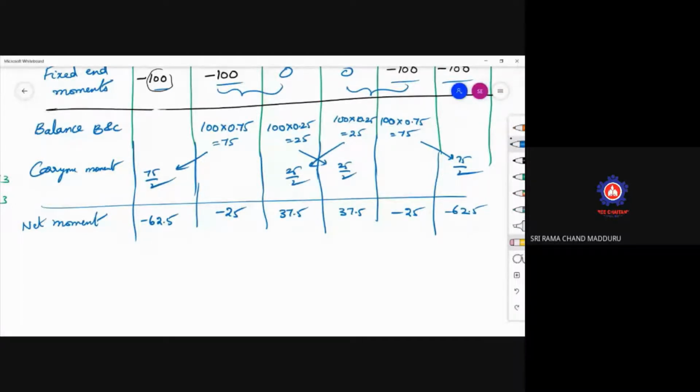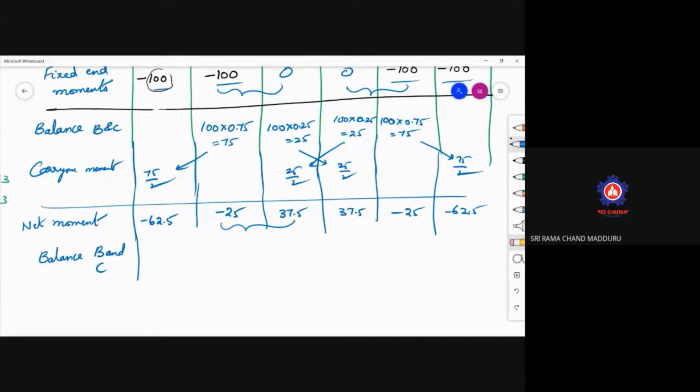Now, here the moments are calculated. Now we go for balancing B and C. So to balance B and C, now check this one. This is minus 25. This is 37.5. So minus 25 plus 37.5, the value is 12.5.